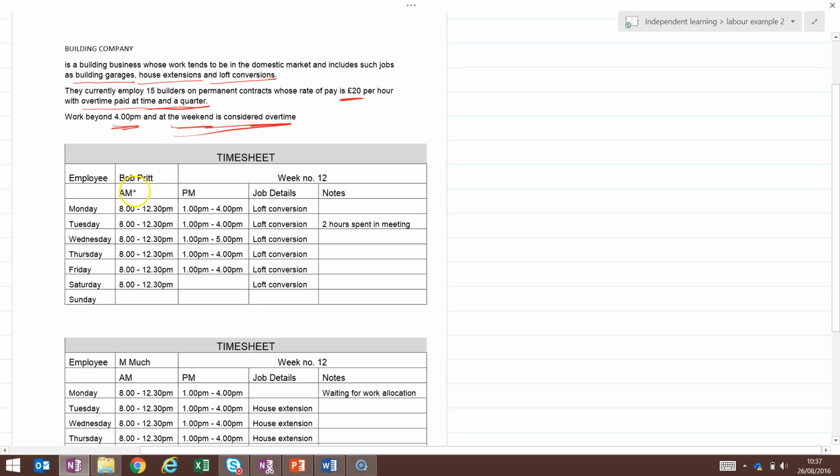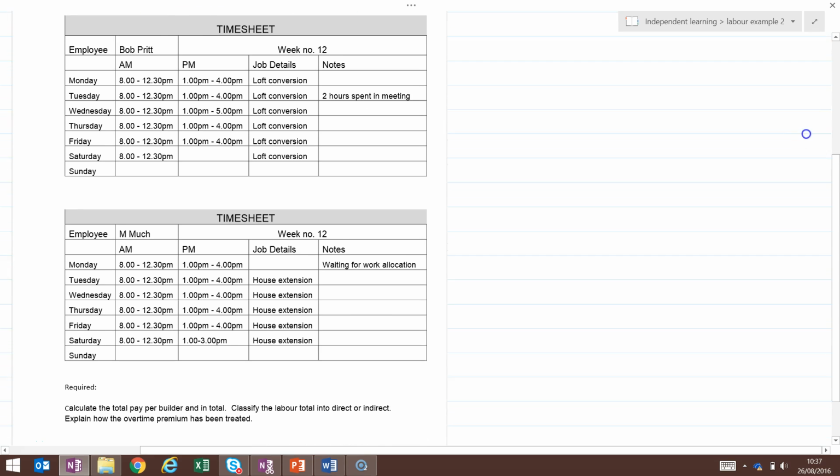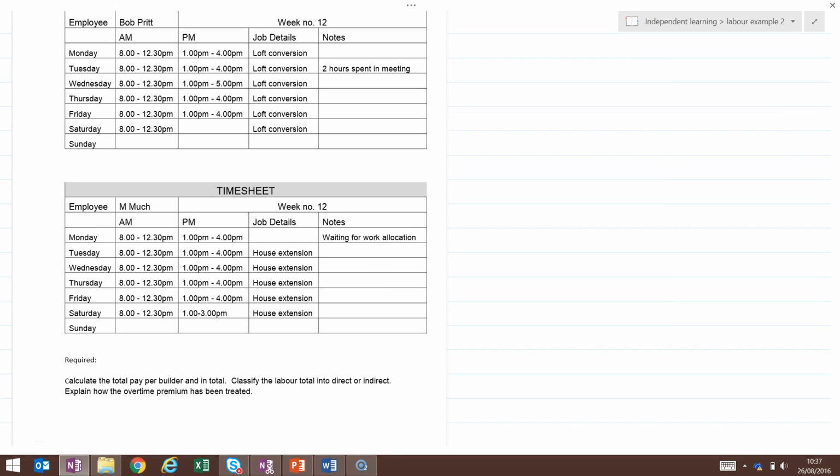We've got Bob, and we're told the hours that he worked, AM and PM, what he was doing, and we can also see that he worked on Saturday. We've then got Mumuch, and same information, hours worked, including on a Saturday, what he was doing, and any notes.